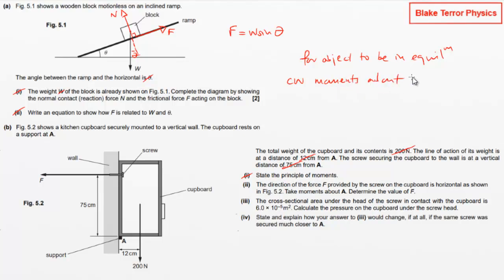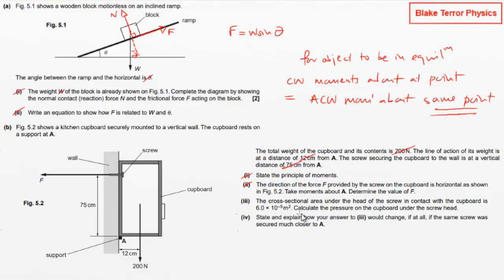You have to have that about a point thing because we need to reference that point later on. So that's why we need that point in there. Otherwise, we can't say that these two things are going to be equal unless we're taking moments about the same point. So you need all of those bits in there.